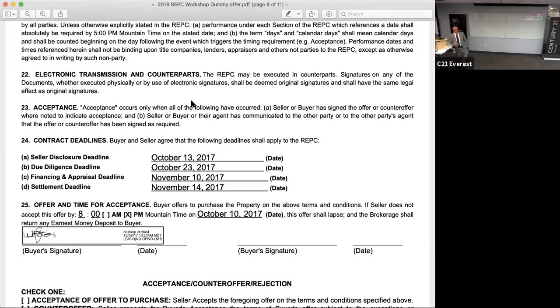And another offer came in right after or as the seller was signing. And the new offer actually was a little bit better.